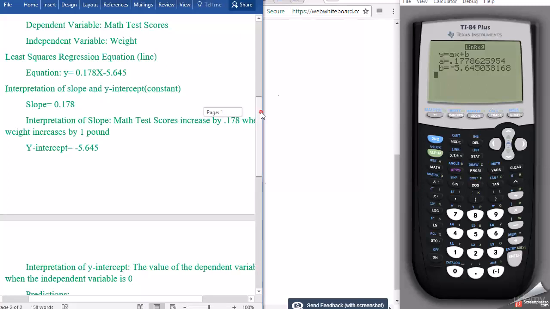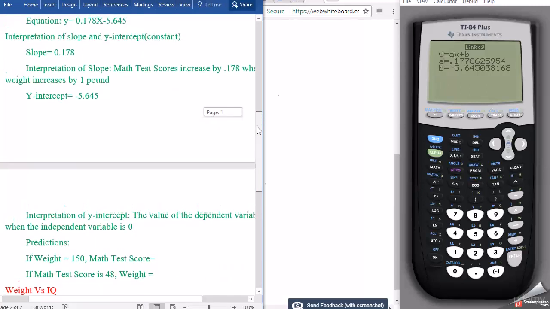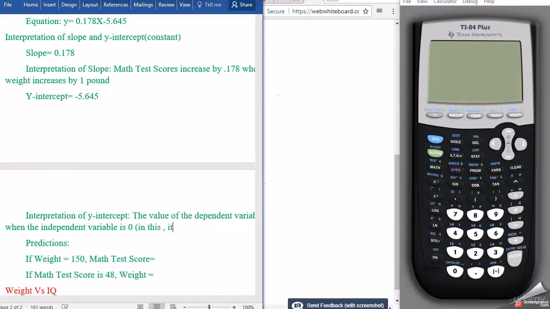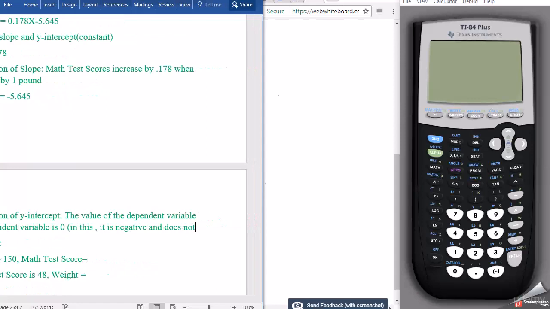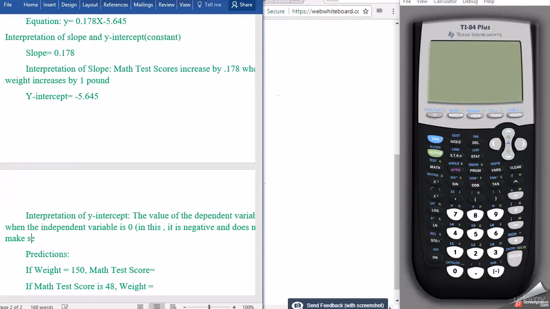Okay, so in this case, let's put it right here. In this case, it is negative and does not make sense because weight cannot be 0.